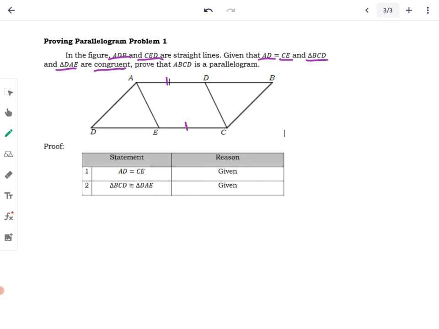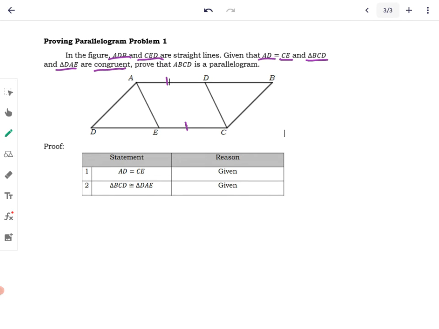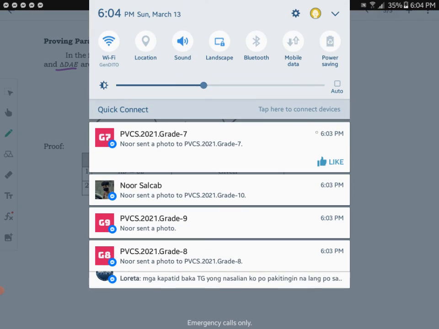So AD equals CE, and the reason for that is that's the given in the problem. Some proofs do not include the given, but in this case we include the given to show the coherence and connections of the concepts.